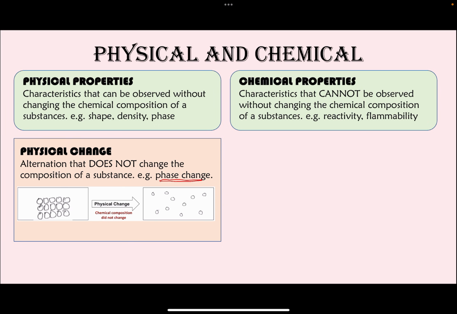So here we can see what it looks like in terms of particle diagram. On the reactant side, we see that the particles are very close to each other, so that represents maybe a solid phase. And then on the product side, the particles seem very far from each other, so that could be the gas phase.